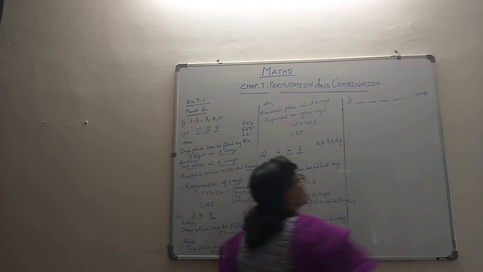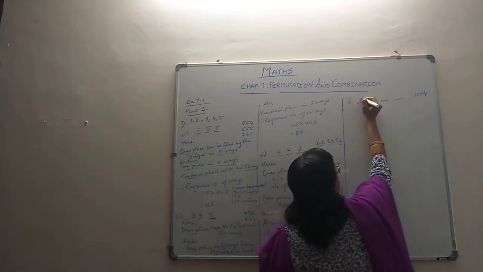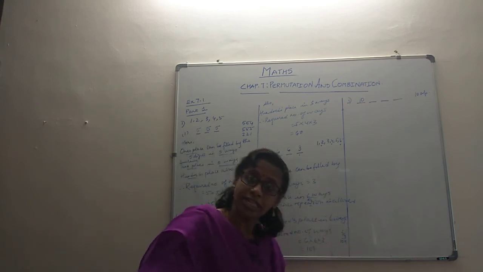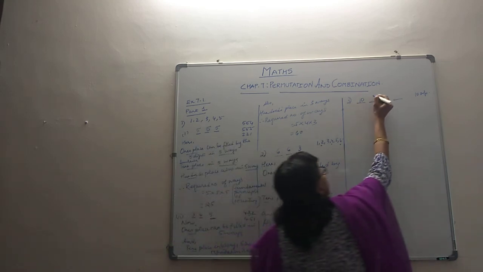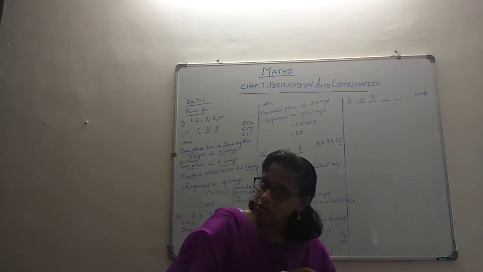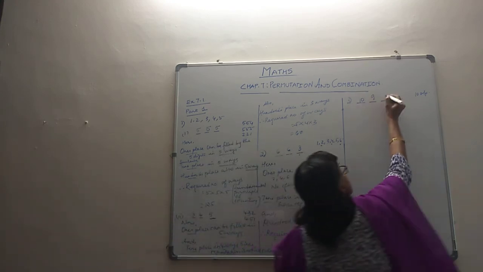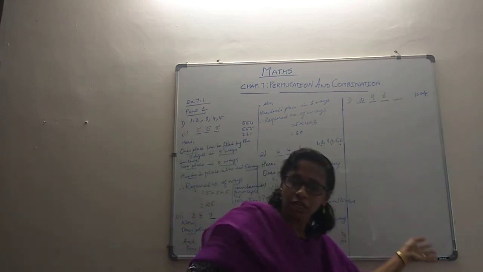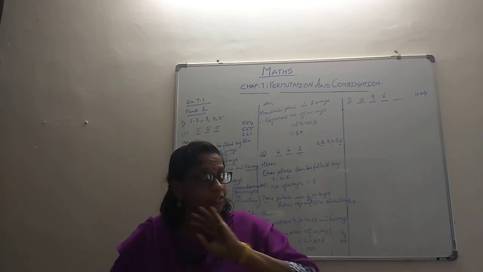So how do we do it? We'll start from any one place. Here there is a choice of 10 alphabets. Repetition is not allowed, so having filled this, your choice is reduced. Now we have a choice of only 9 alphabets, so this can be filled in 9 ways. You have filled the second place also, and again repetition is not allowed, so your choice is reduced. Now you have a choice of 8 alphabets, so you can fill the third place in 8 ways. 3 places are already filled, so 3 alphabets have gone from your choice.